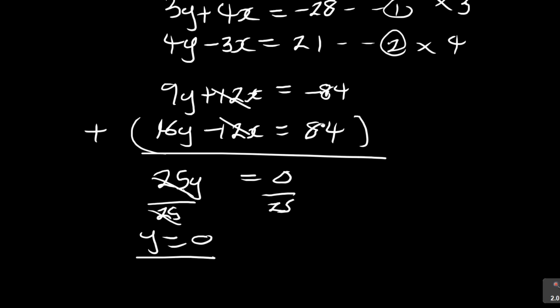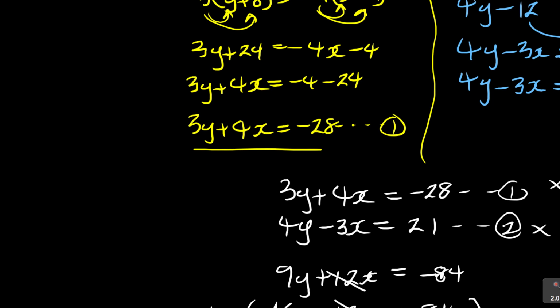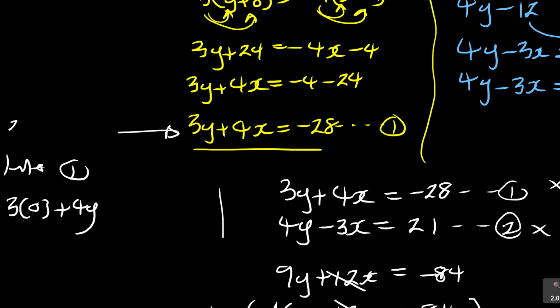Then you go to any of the equations. It can be equation 1, when y is 0. So 3 times 0 plus 4x is equal to negative 28. So 4x is equal to minus 28.